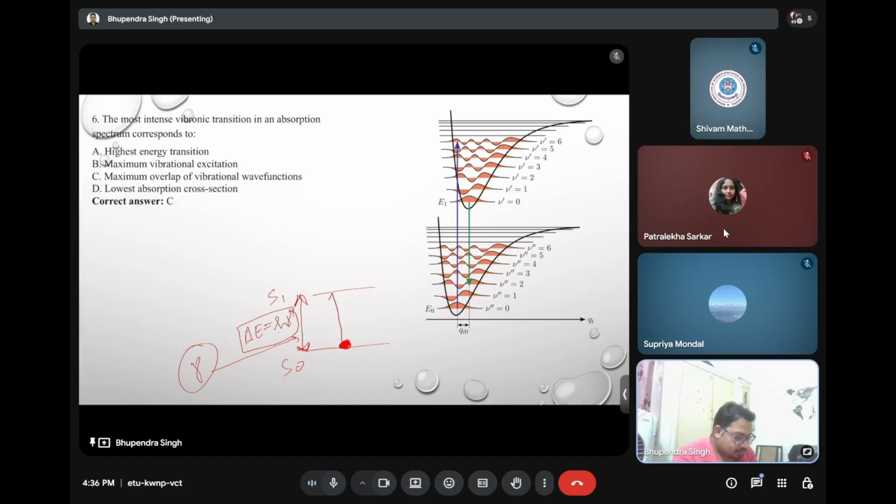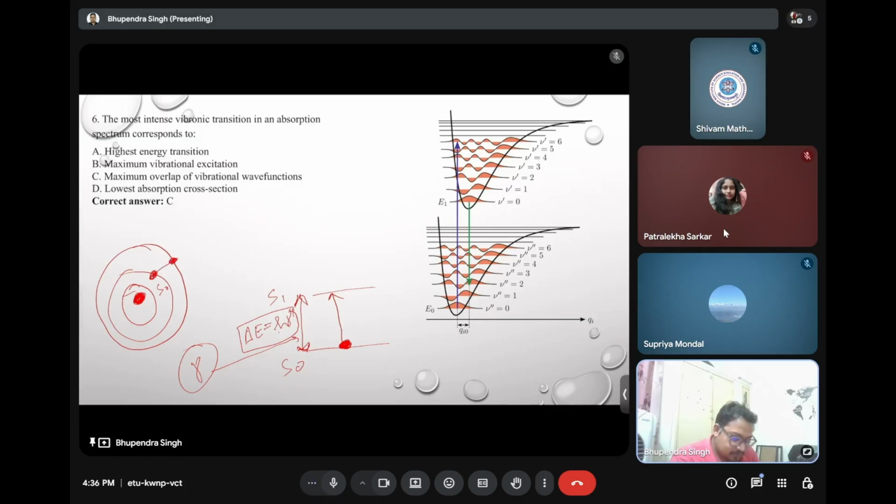We always say that the molecule is going to the higher excited state. Actually, the molecule is not going to the excited state; the electron is actually going to the excited state. In the last class, I told you, assume an atom. This is your nucleus, where proton and neutron are present. One shell, two shells, and here one electron is present. Let's say this is S0, and with the particular amount of energy you have given, this electron goes from here to here.